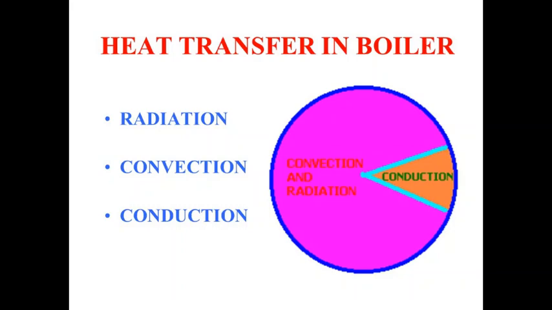In fact, radiation heat transfer is predominant because the coefficient of heat transfer in radiation is maximum. So naturally it is more effective in the luminous zone of the furnace. In the non-luminous zone, the second pass, we have convective heat transfer.